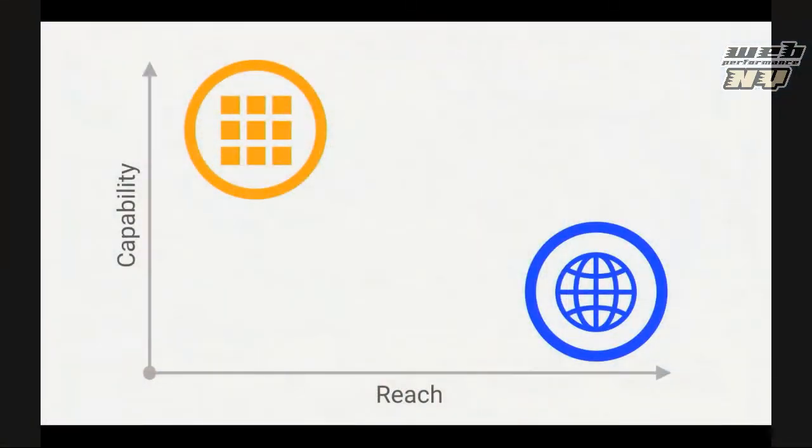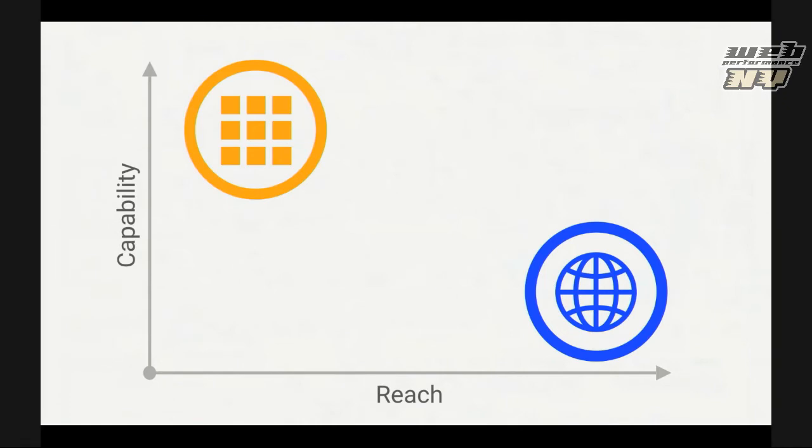So one way that you can think about the difference between native and web apps is on this capability axis over here. For instance, native apps have the ability to start up reliably when you tap on their icon, and they boot up quickly, and they tend to work offline, and they can send push notifications and sync in the background, and they have access to sensors like your microphone and camera.